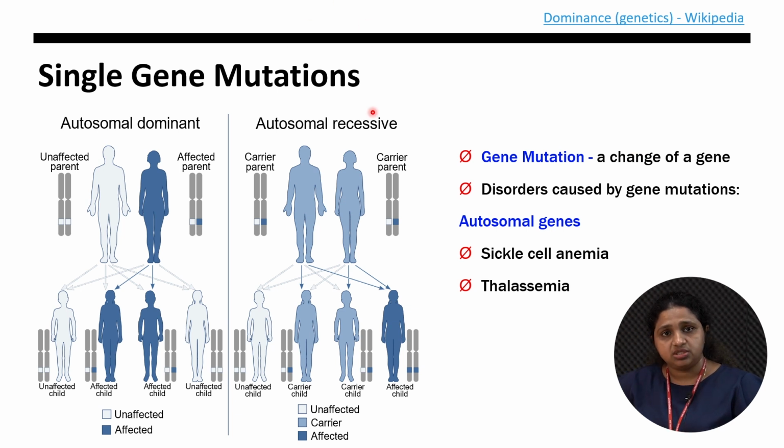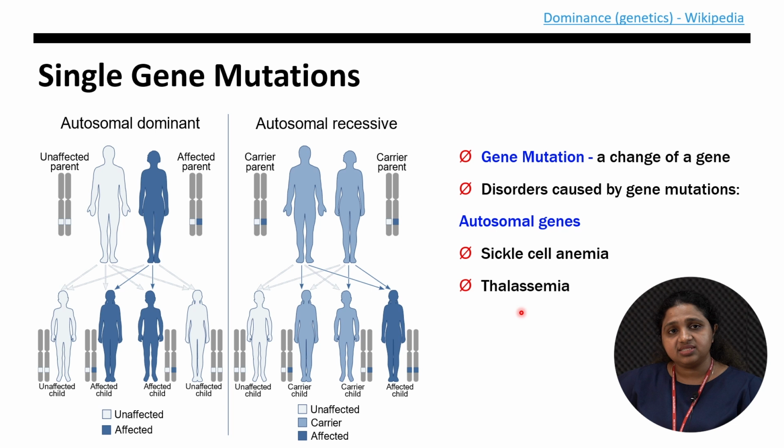What is a mutation? A mutation is a change that occurs in a gene. Disorders that occur in the autosomal genes include sickle cell anemia and thalassemia. There are many others, but this is just an example.